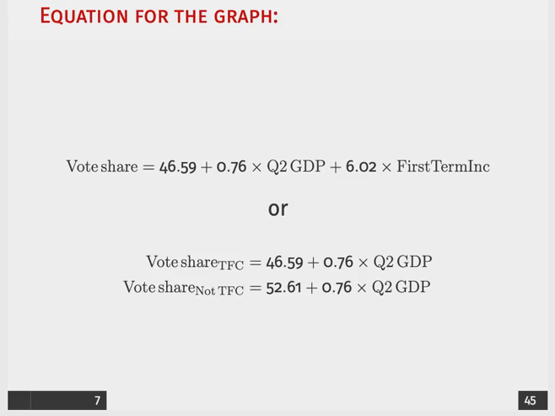It adds an extra 6.02, so 52.61 instead, plus 0.76 times whatever the second quarter growth is. And then time for change, right, is the second or more term. So when that equals 0, it just negates that last term, and we just have 46.59 plus 0.76 times whatever the Q2 growth is.